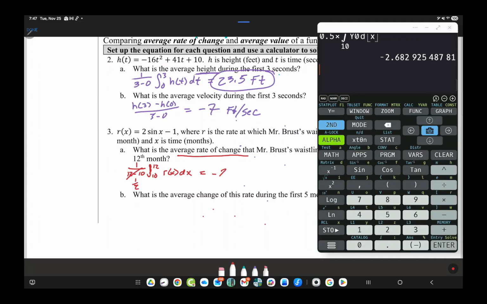That gives you negative 2.683 inches per month.